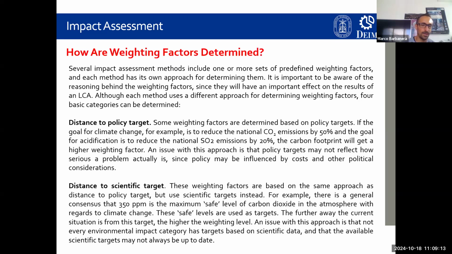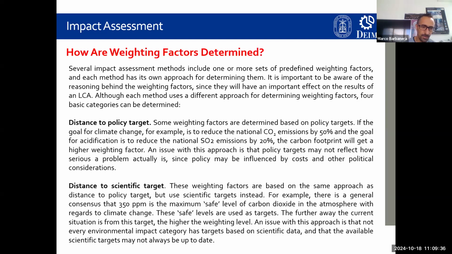In particular, the first one is the distance to policy target. If we want to understand the meaning of this criterion for the calculation of the weighting factors, we can read this example in the slide.